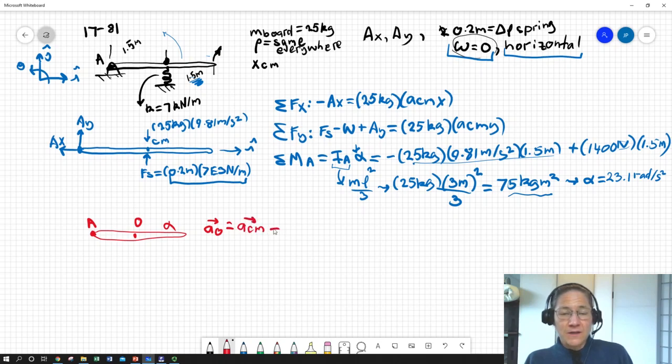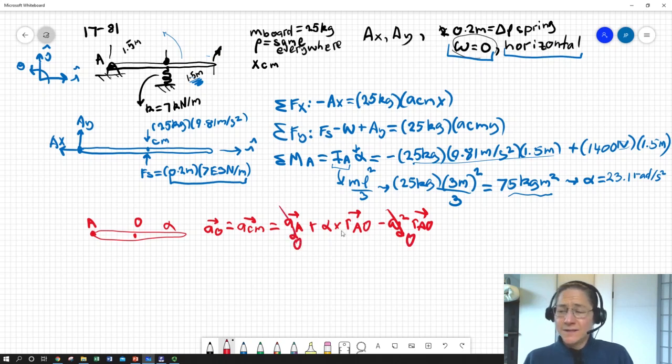diving board, is equal to the acceleration of point A plus alpha cross R from A to O minus omega squared R_AO. That's 0, initial conditions. That's 0 because it's a fixed pivot, real convenient.